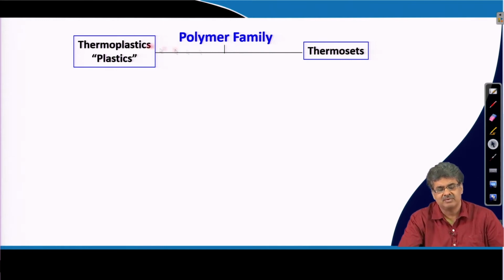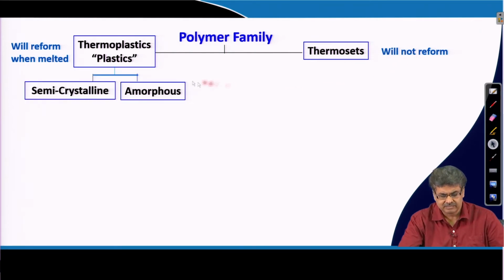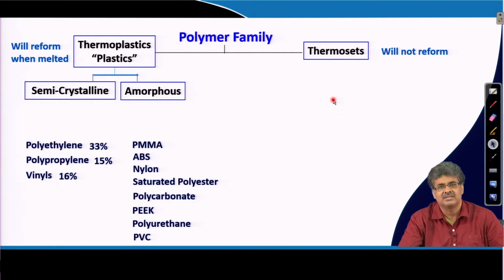And generally we have two types of polymers, as we discussed earlier: thermoplastics, which can be reformed after melting, and thermosets, which we cannot reform. Thermoplastics can be either semi-crystalline or amorphous, and thermosets can be elastomer or glassy.